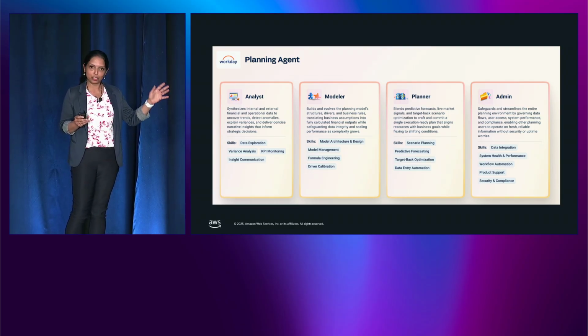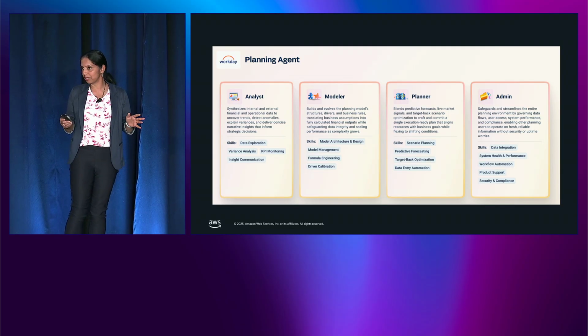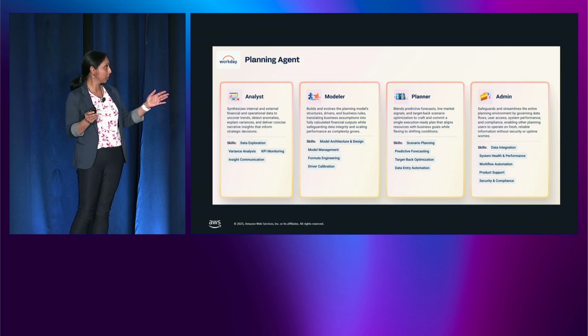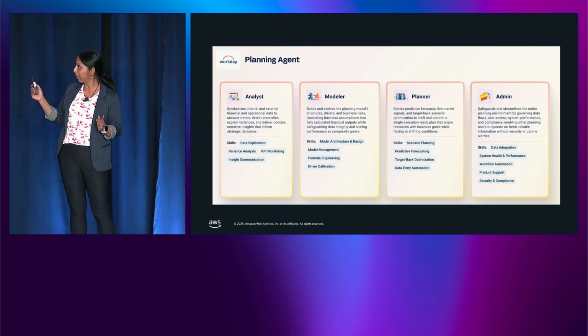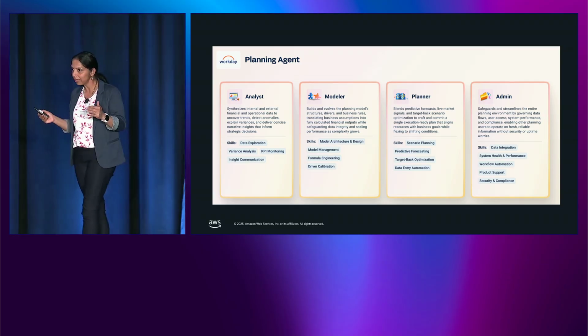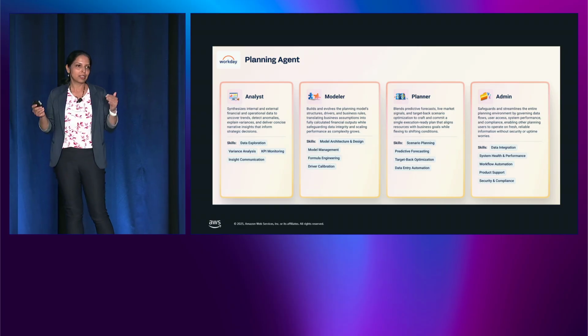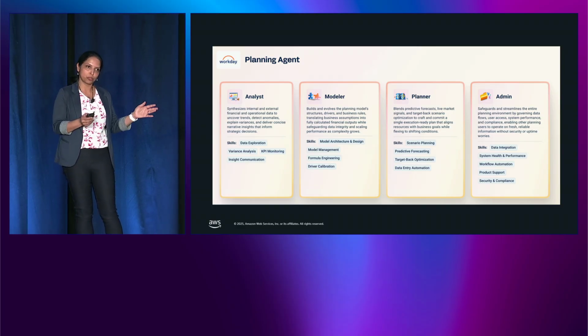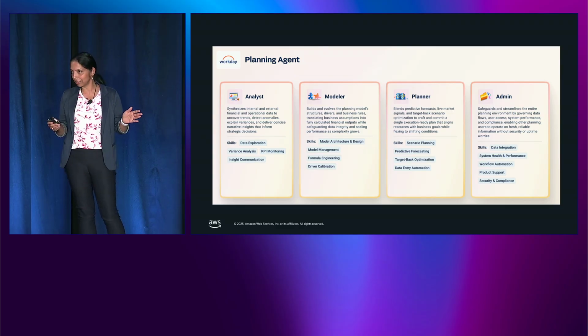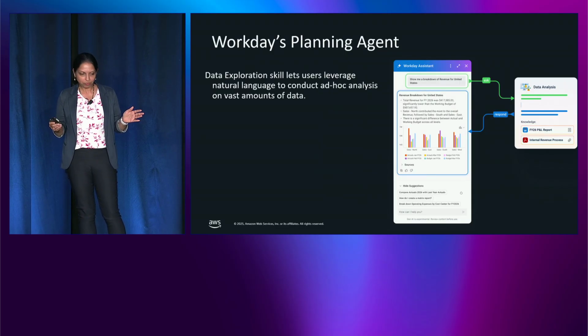So planning agent is one agent that represents 4 personas to give this complete planning intelligence, right? So the personas here are analyst, modeler, the planner, and the admin persona. And based on the role, we are essentially offering the skills for those personas. So if we dive a little into the analyst role, one of the key things an analyst does is explore data.